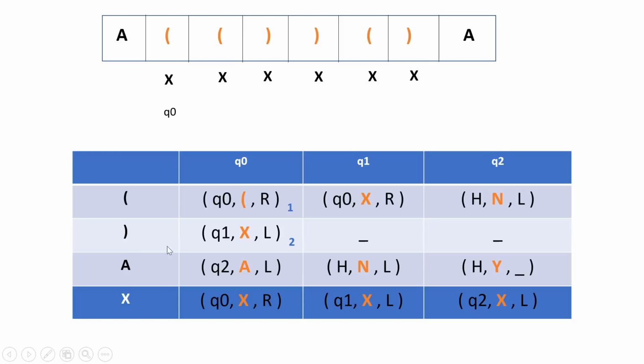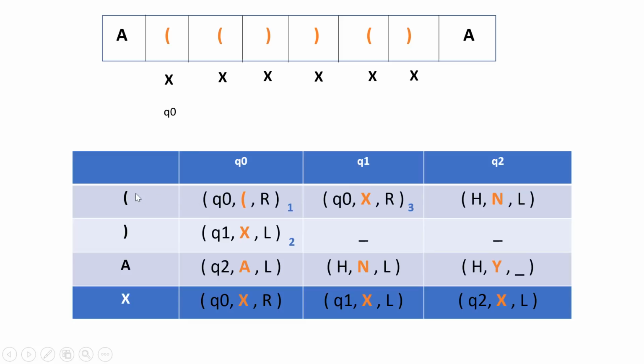So when we see the right parenthesis, we switch the state to Q1, write an X to indicate that I have processed that right parenthesis and start moving left. Now we are in Q1, and in Q1, if we see a left parenthesis, we have found a match. So Q1 is moving left and we found a match. And so we write X and switch back to Q naught and start moving right. This is reflected in this entry here.